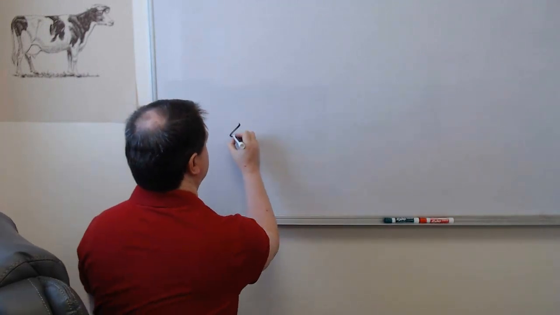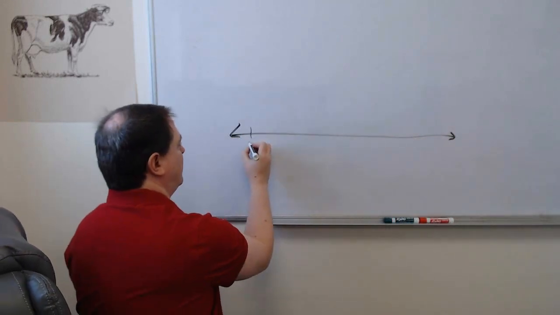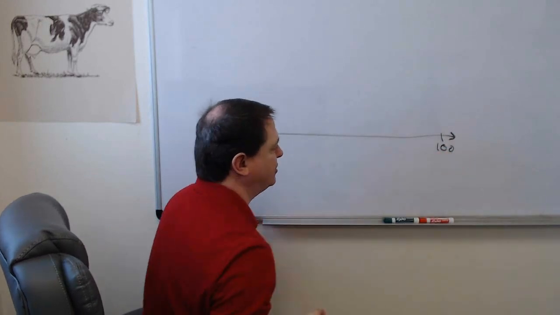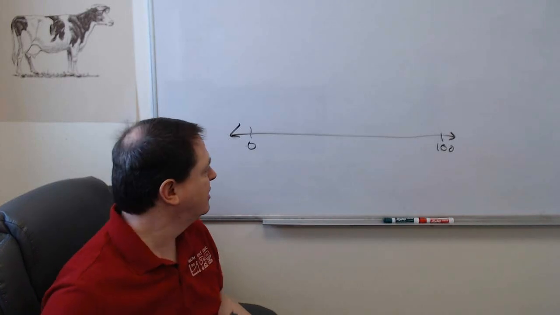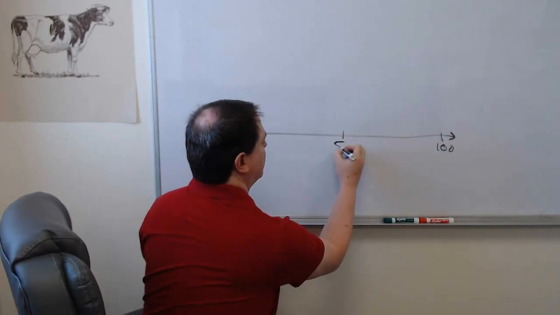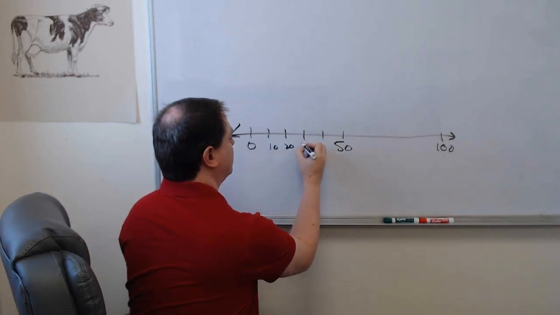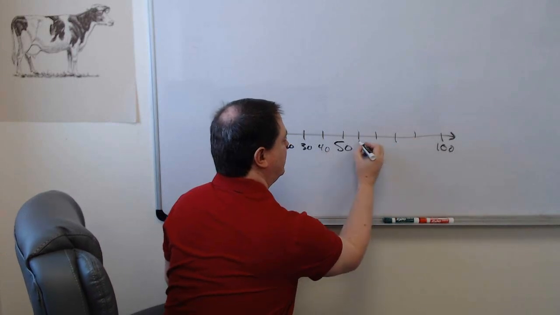Right? So I'll make a number line right here, and I'm just going to start with nice, easy numbers. If I go from 0 to 100, that's going to have every possibility in my data set. And then if I just split that up, here's 50, 10, 20, 30, 40, and then 60, 70, 80, 90.